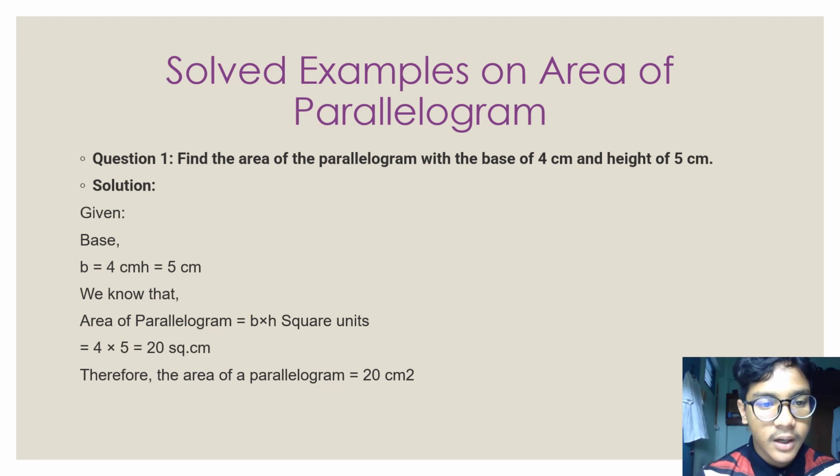We know that the area of a parallelogram is B times H square units. 4 times 5 equals 20 square cm. Therefore, the area of the parallelogram is 20 cm squared.